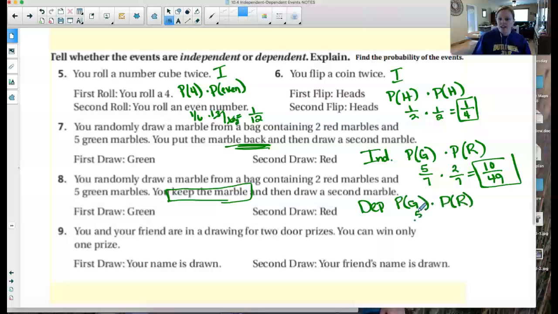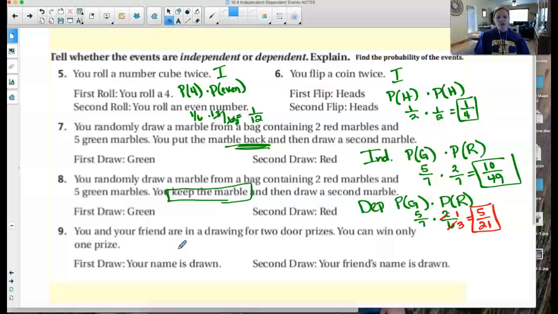Green is 5 out of 7. Now, remember, we kept that marble. So now the probability of red is 2 out of 6. Before I multiply here, I'm going to simplify to 1 over 3, and then multiply. 5 times 1 is 5, 7 times 3 is 21. So the probability is 5 out of 21.